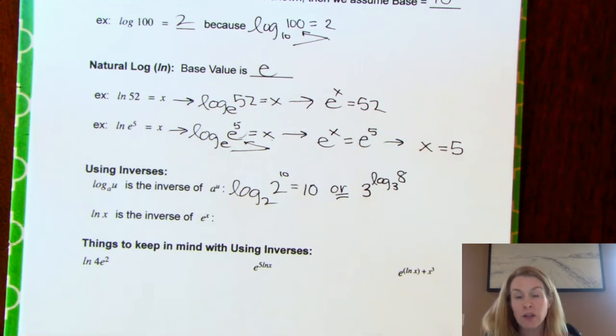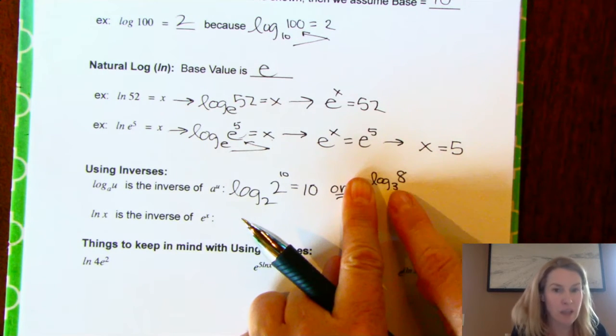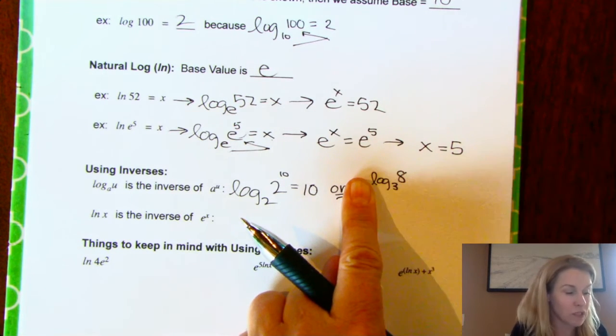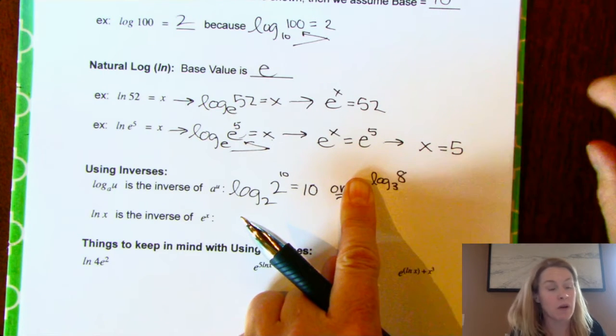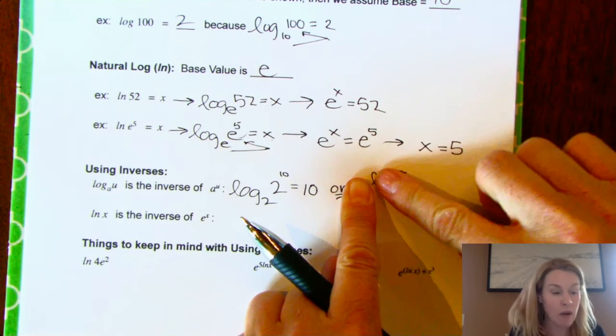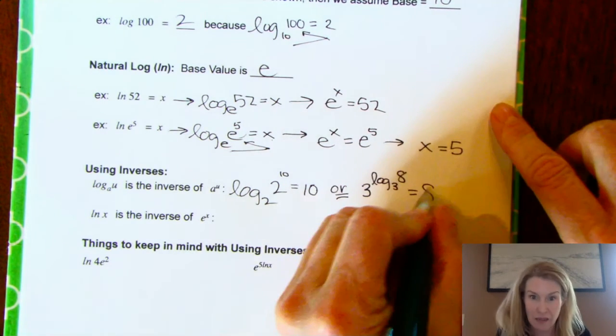So the answer here, just a spoiler alert, the answer here is going to be 8. But why? What this says is, the logarithm says 3 to some power gives me 8. So this logarithm is representative of a number that 3 to that number gives you 8. And now I'm taking 3 to that power. So clearly that gives me 8.